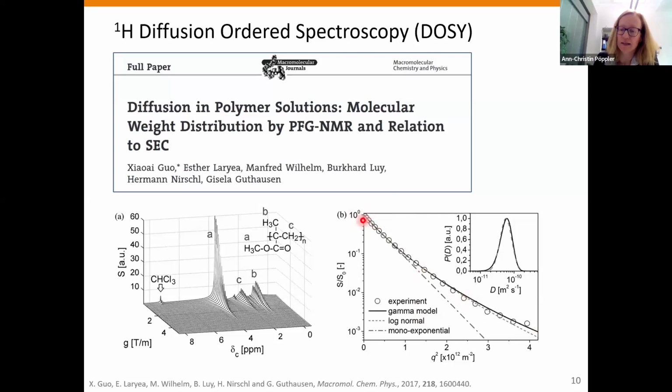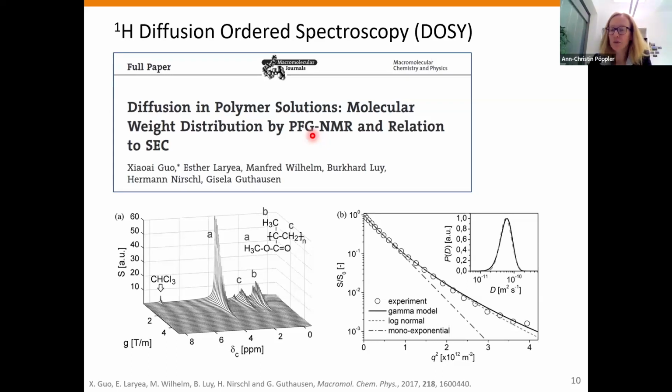Taking them into consideration, are we able to fit the experimental data? And in this work, they have showed that they are able to get molecular weight distributions by pulse field gradient NMR that are in agreement with those that are obtained by the more established method of size exclusion chromatography.